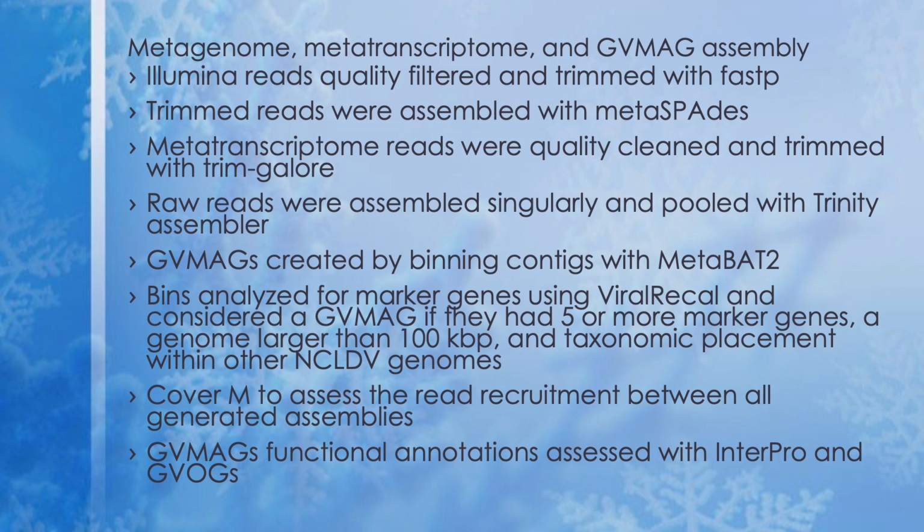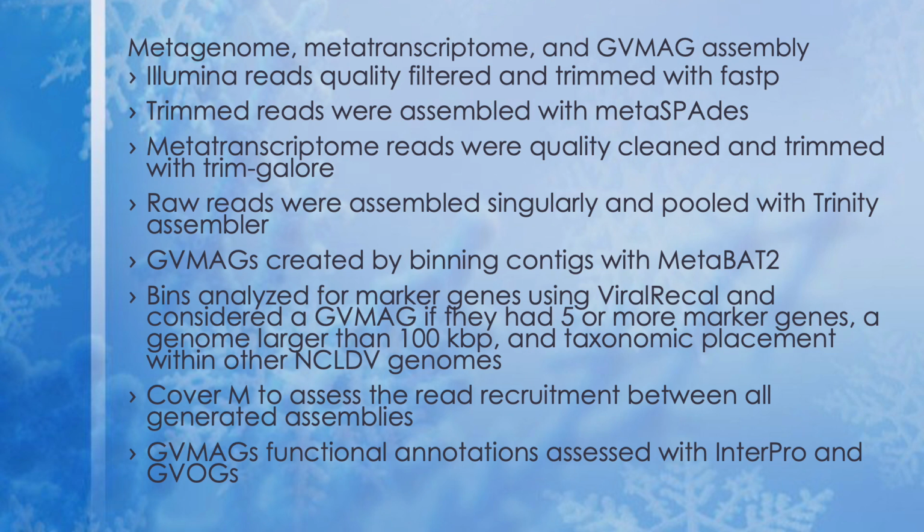Metagenome, metatranscriptome, and GVMAG assembly. Illumina reads were quality filtered to remove low quality reads and trimmed with fastp version 0.20.0 using default options. Trimmed Illumina reads were assembled with metaSPAdes version 3.15.1, specifying the only-assembler pipeline.